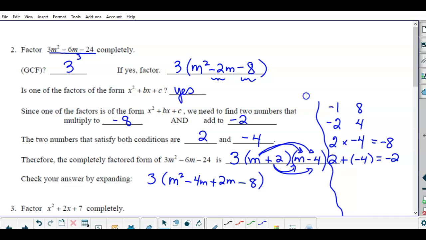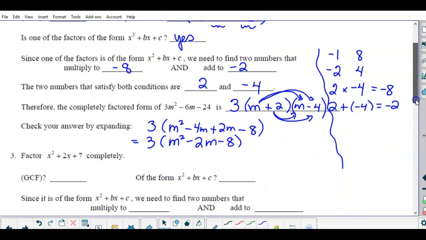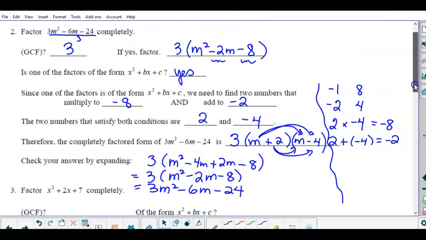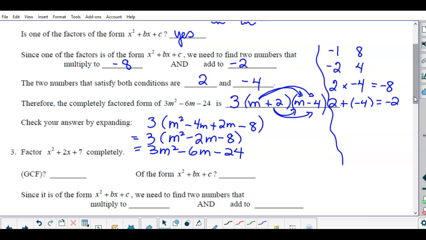Collecting like terms inside the brackets, you get this expression, which is what we factored. Expand that out, and you get your original expression. If you take a look back at the top, it's exactly the same.